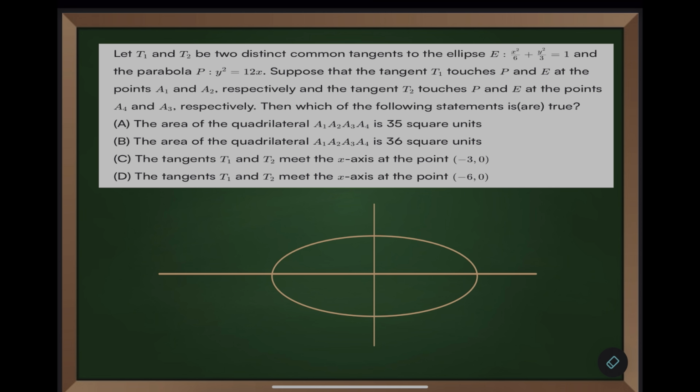It is a right-side opening parabola passing through the origin, so it is correct. I'll draw this one again. Suppose we got this as the parabola. You know that a parabola is also symmetric.